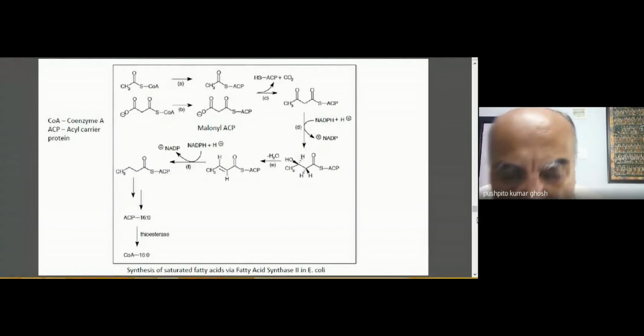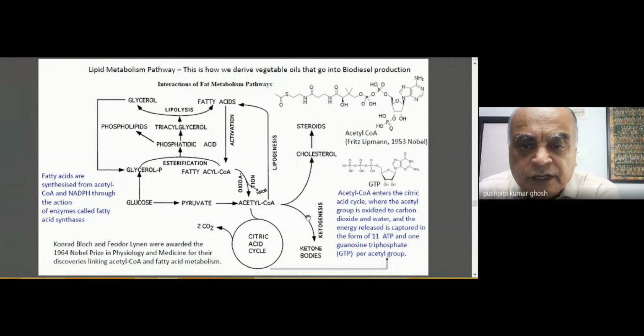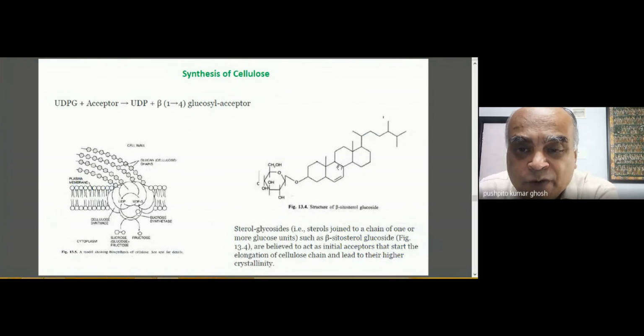Now let us look a little more at the lipogenesis part, which is this part. By the way, another thing that I didn't mention: it's so versatile, this acetyl coenzyme A, with pyruvate and all, that you can end up with all kinds of products, lipogenesis, or I can make cholesterol, and from that I get steroids, and those are the steroids which go over here into directing the formation of cellulose.